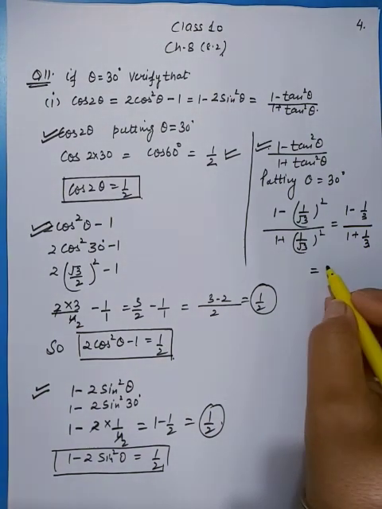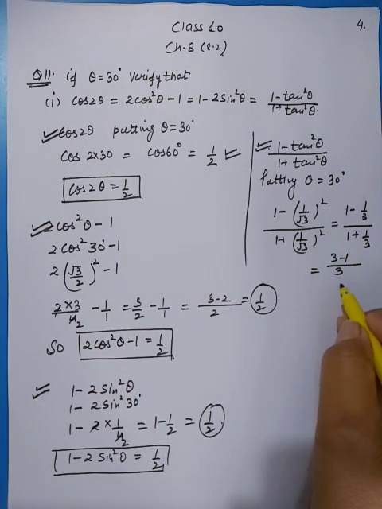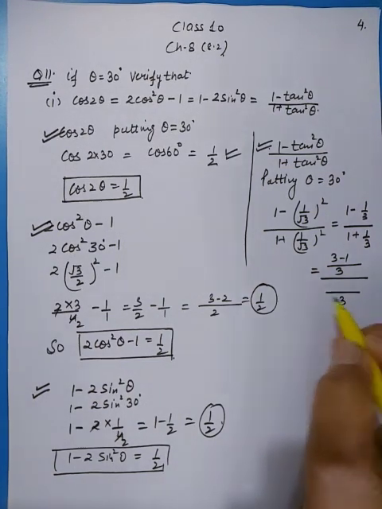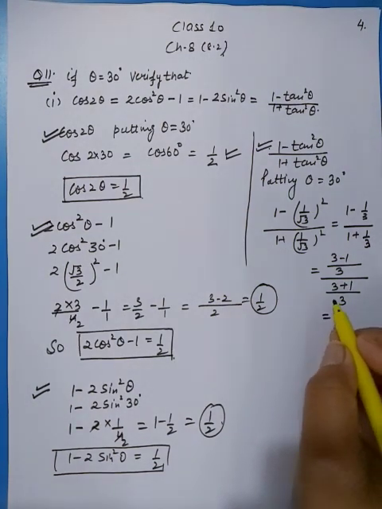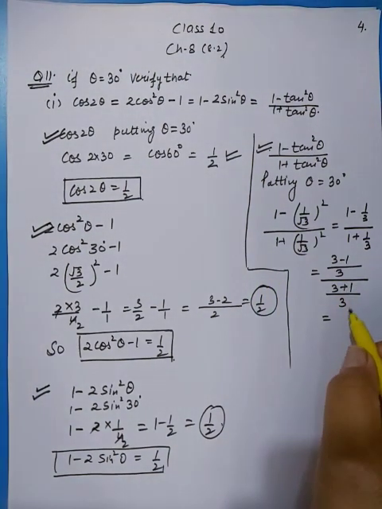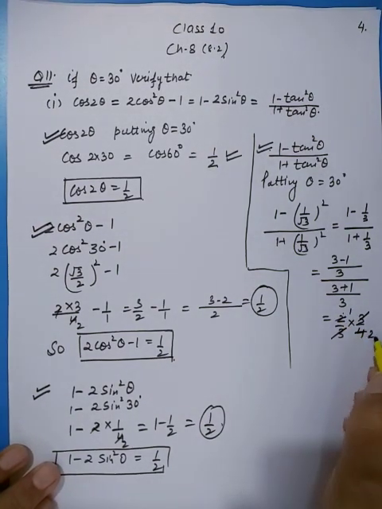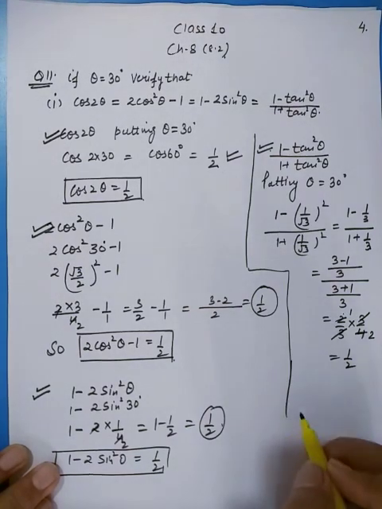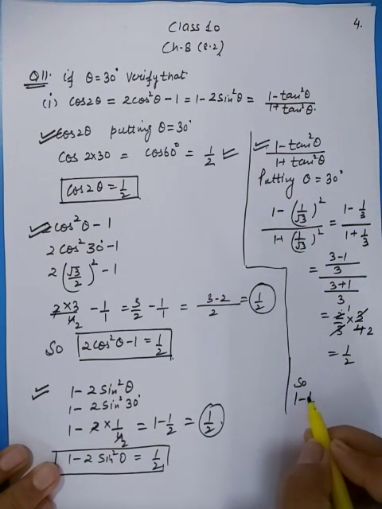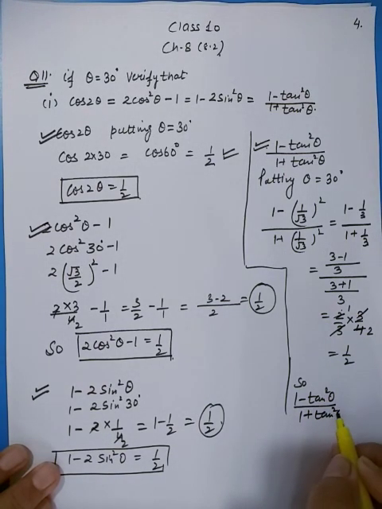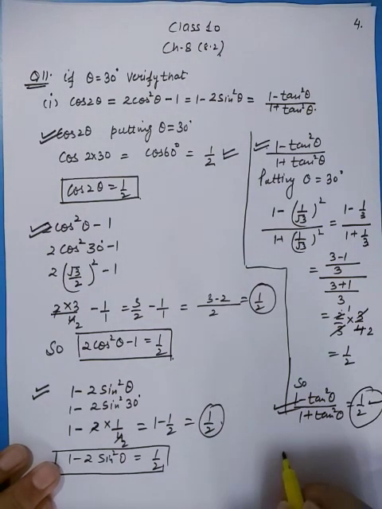Now taking the LCM, 3 minus 1, and LCM in denominator will also be 3, and it will be 3 plus 1. So after solving, we get 2 by 3 into 3 by 4. And again it is 1 by 2. So 1 minus tan square theta by 1 plus tan square theta is also 1 by 2. Hence verified.